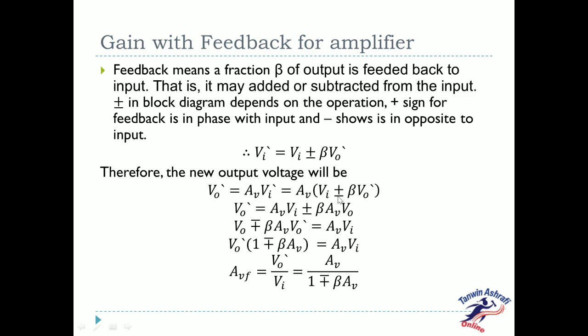Therefore, we have the gain with feedback AVF, which is the output voltage divided by the actual input VI, equal to AV divided by 1 plus or minus beta AV.